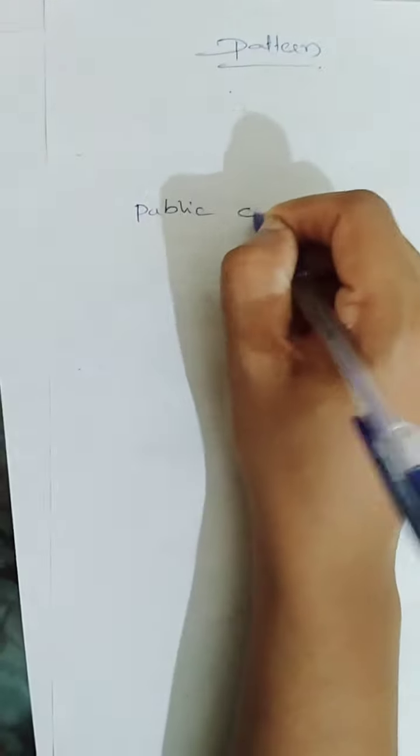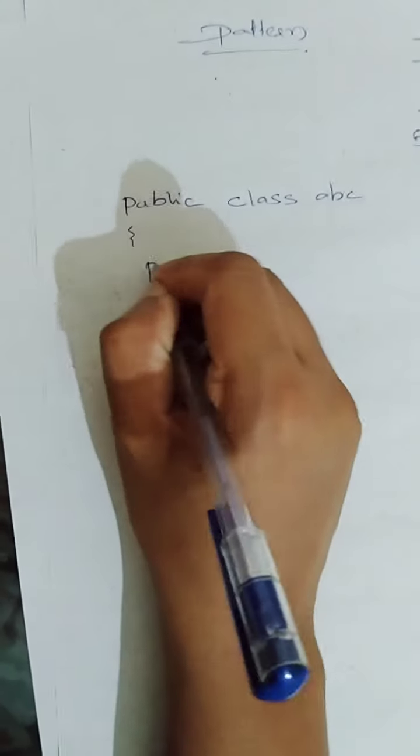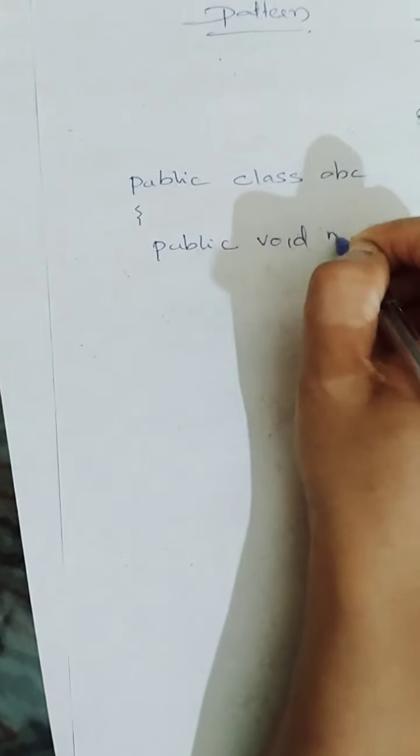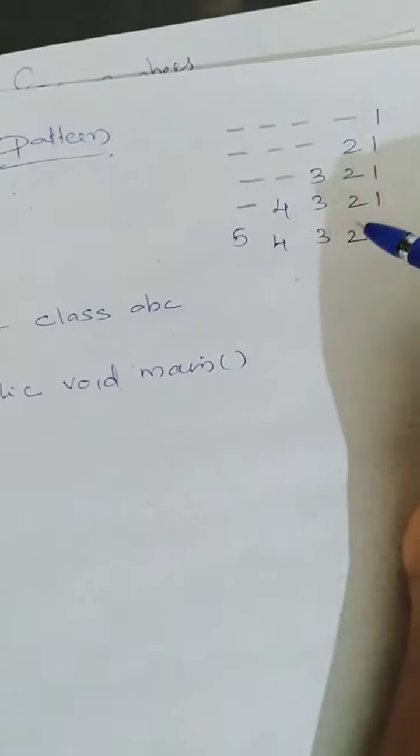So as usual, you will start with public class ABC, your class, and your method public static void main. And one more thing, usually you use two loops for a pattern program.